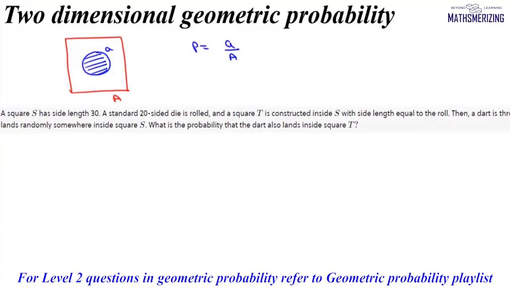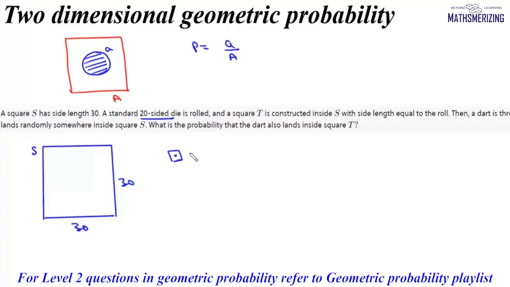Say for example, the question is: a square S has side length 30. So we have this square whose side length is 30, and this is your square S. Now it says a standard 20-sided die is rolled.